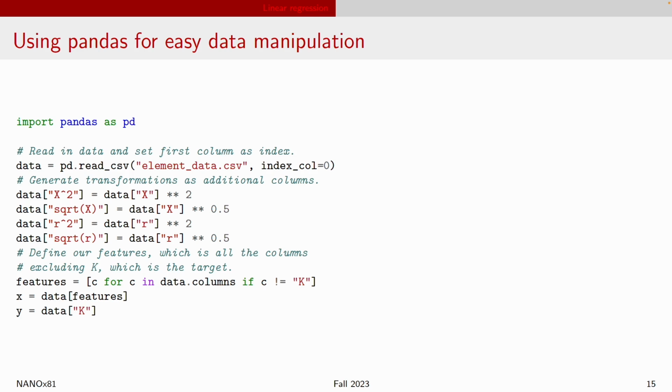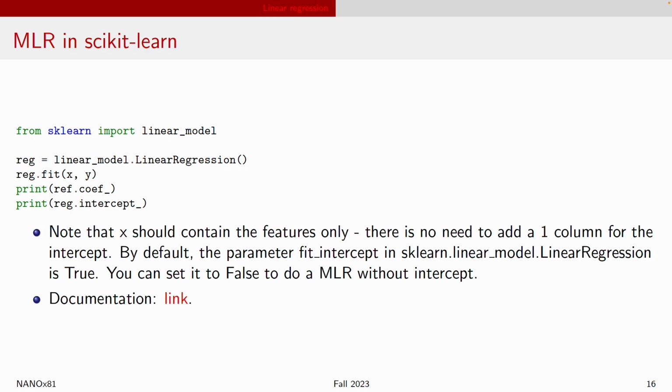And then we are going to set up our x and y, and then we are going to build our machine learning model, okay? Once I get to the Jupyter notebook, you will see this, okay? Now, in scikit-learn, all the linear models, which includes both your standard multiple linear regression model as well as, later in this lecture, we are going to talk about how we extend linear models.